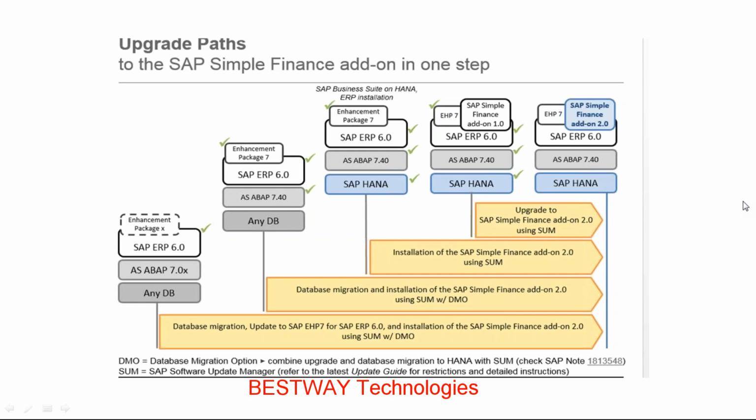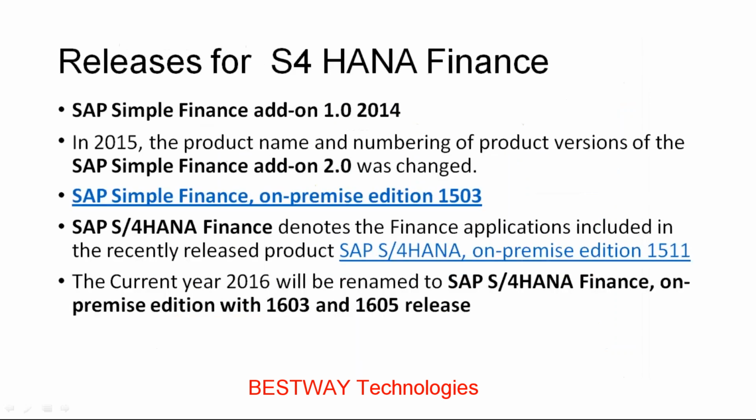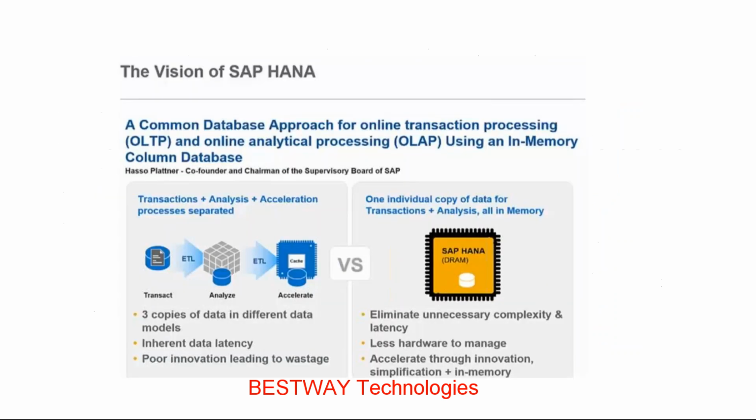We need the prerequisites before going to any particular version of HANA. At a high level, I understood, but we need more detail. Version-wise, can you explain what the prerequisites are if we are on a certain version of SAP ECC right now and want to go for S4 HANA? What upgrades and pre-upgrades do we have to do in our SAP system?